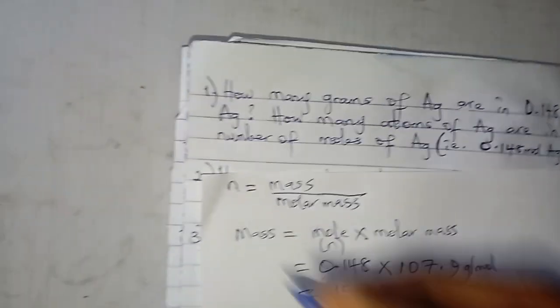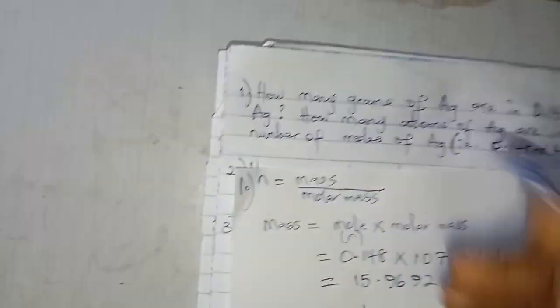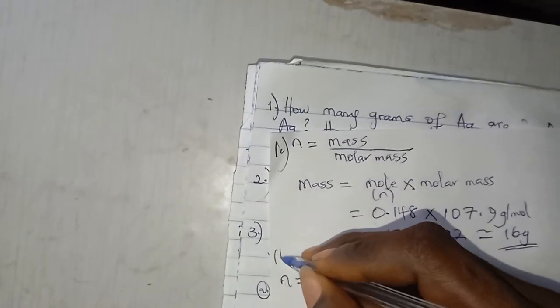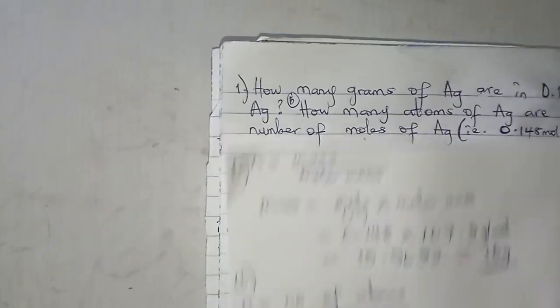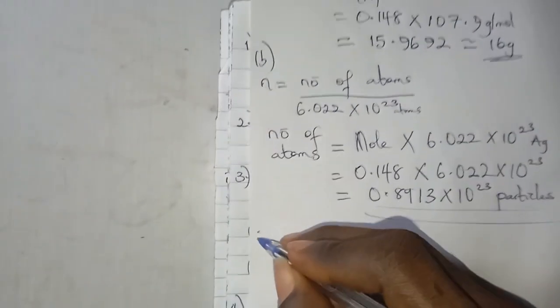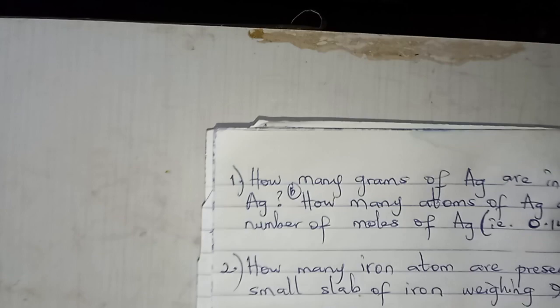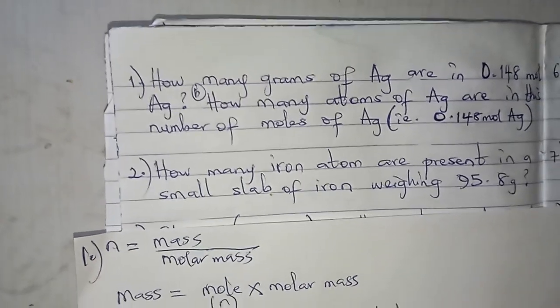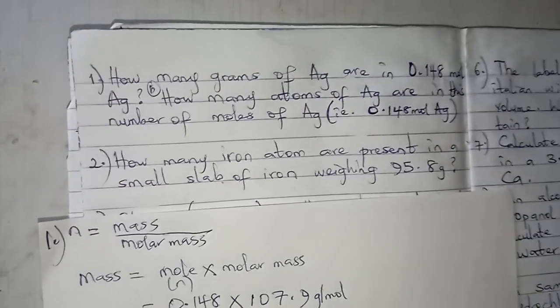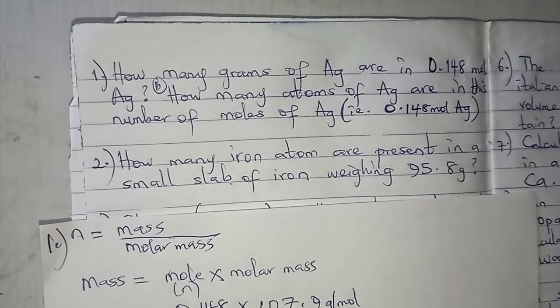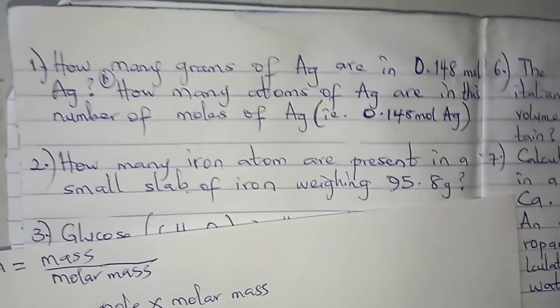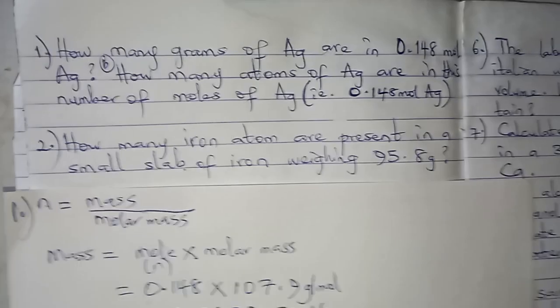This is question 1, part B. So question 2 now. Question 2 says, how many iron atoms are present in a small slab of iron weighing 95.8 grams?